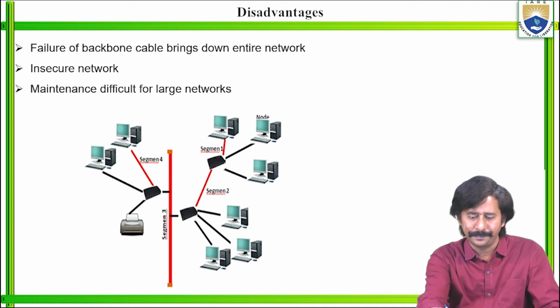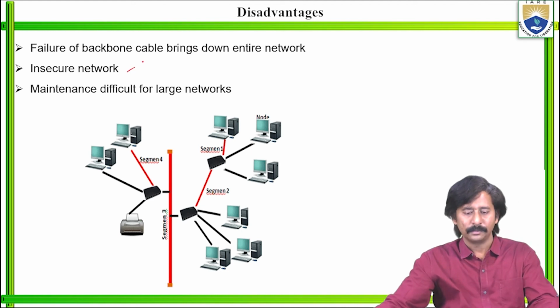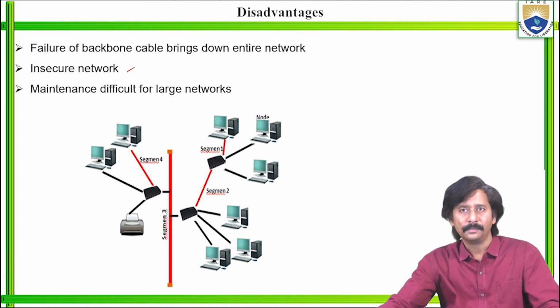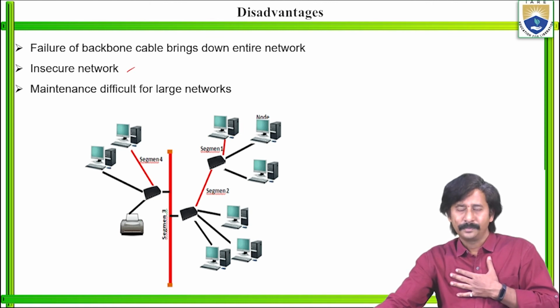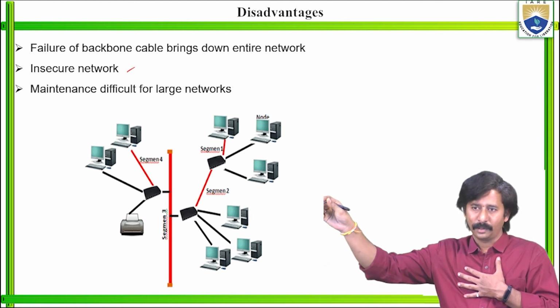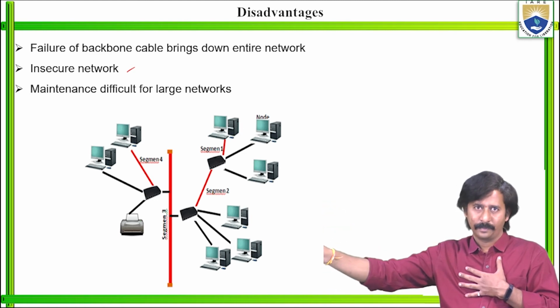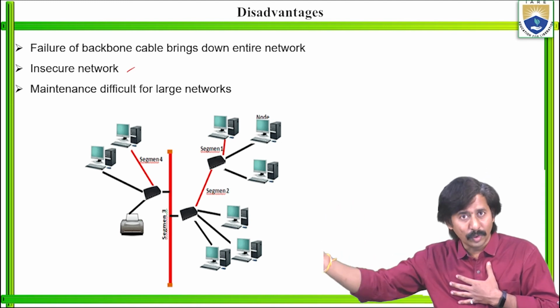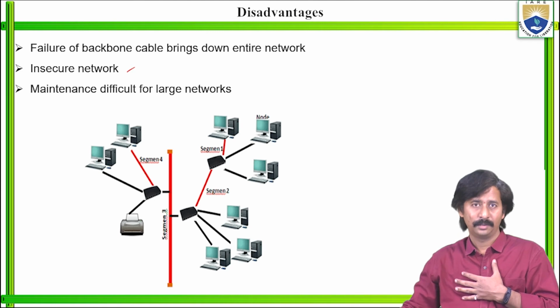Another one is an insecure network. There is no security because I don't know, in some other bus topology, how many nodes there are, whether those nodes are authenticated nodes or not authenticated nodes.